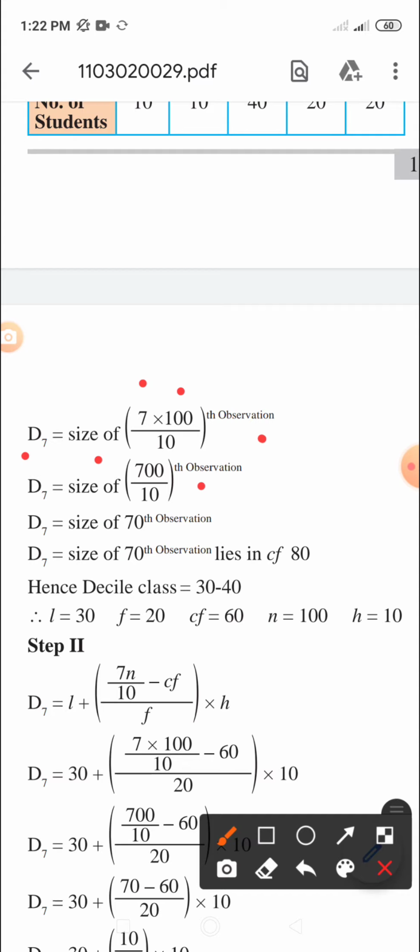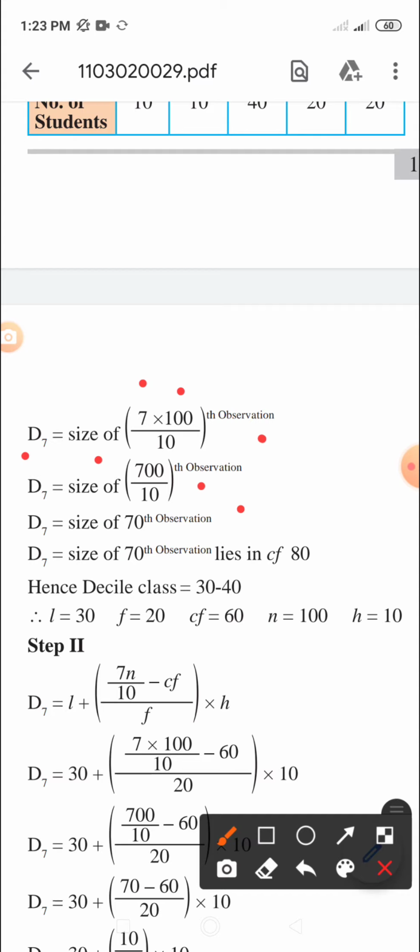So D7 is equal to size of 70th observation. Why do we find out the value of decile in case of D7? Because we find out the decile class and other values which are required to find out the actual value of D7.